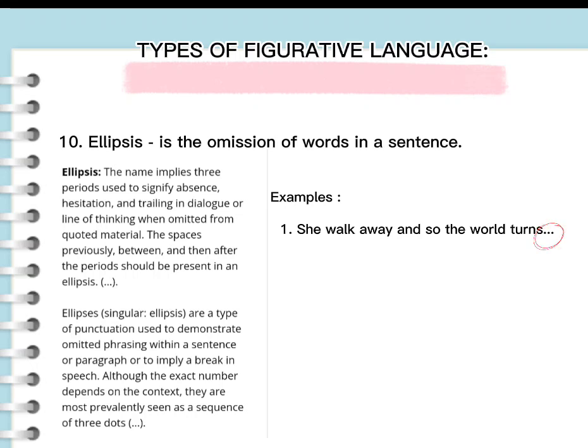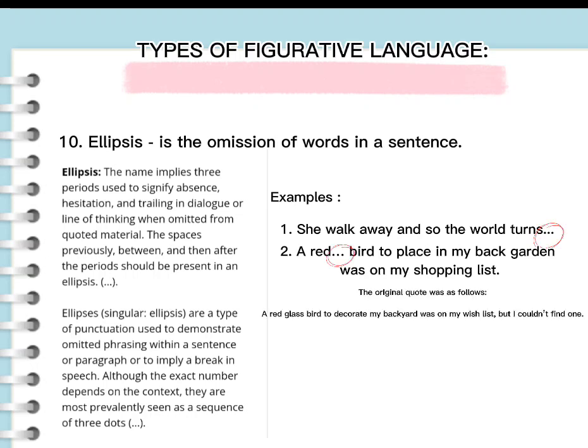Yes, it is clearly seen. Last example, a red bird... to place in my back garden was on my shopping list. The original quote was as follows: a red glass bird to decorate my backyard was on my wish list, but I couldn't find one. Did you see again the 3 dots? Congratulations, you see how the line was omitted.